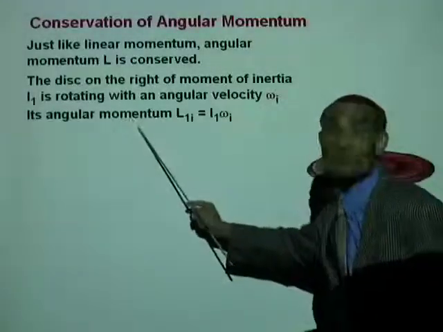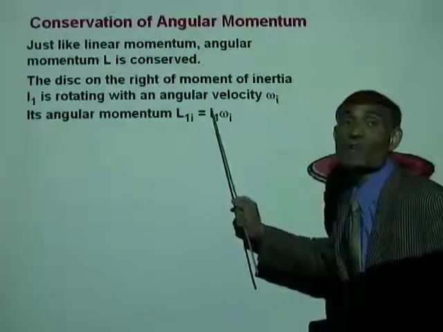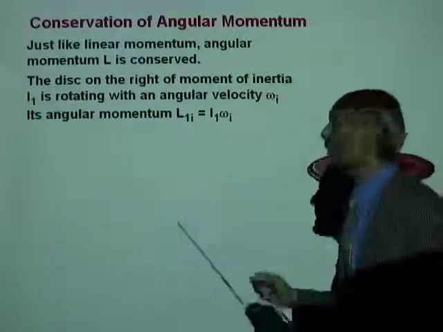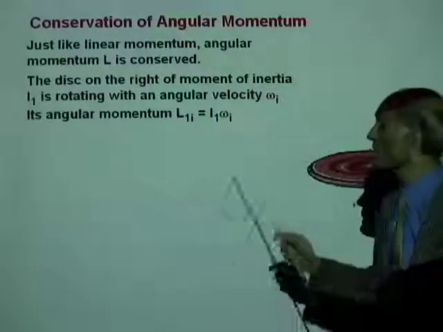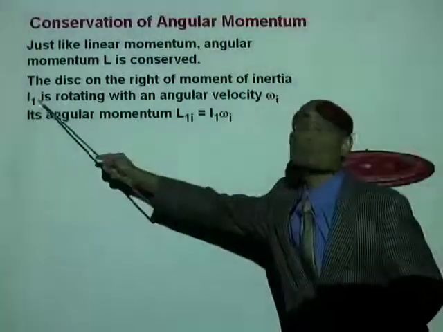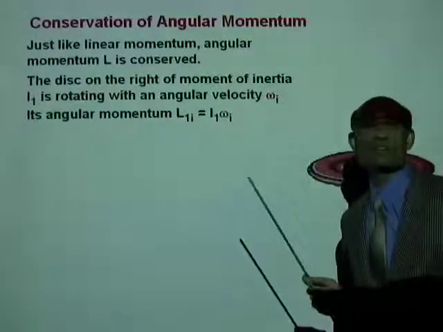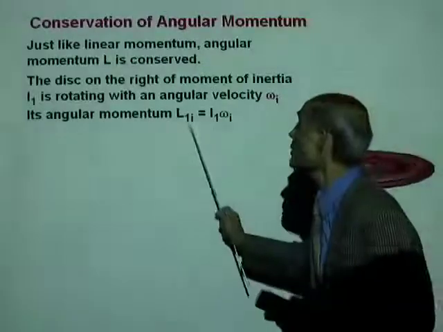Now its angular momentum is L1I equal to I1 omega I. Is that right? Its initial angular momentum at this time is its moment of inertia I1 times its initial angular velocity. L equal to I omega.